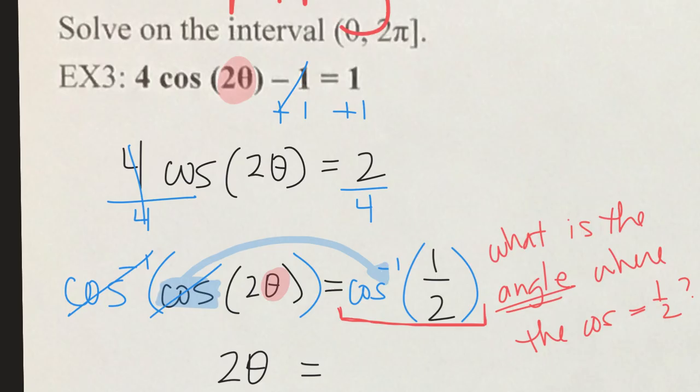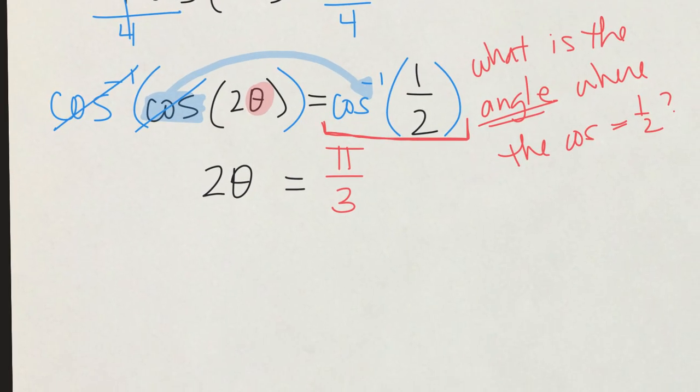The first one is at pi over 3. That's the first angle on our unit circle where the cosine is pi over 2. But where else on our unit circle is the cosine pi over 2? 5 pi over 3, right? There are 2 angles usually.